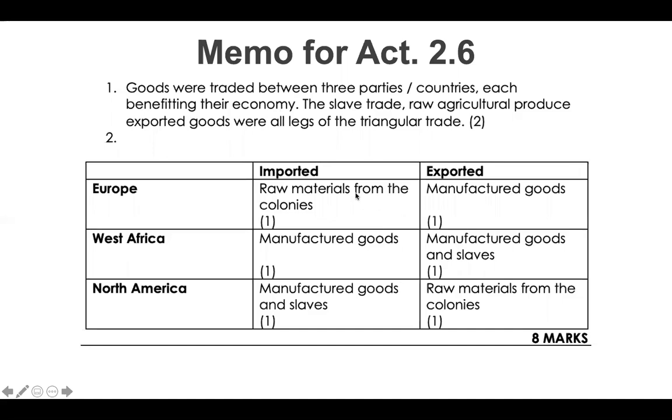If you notice this trend, you'll see that everyone actually gets similar items. So I want you to see the pattern of how we go diagonally. So raw and raw goes there, manufactured goods and slaves, manufactured goods and slaves. I want you to see that pattern as well. That's also an easy way to study it if you write your continents and countries in that order.